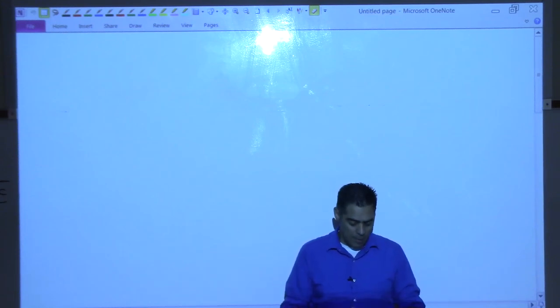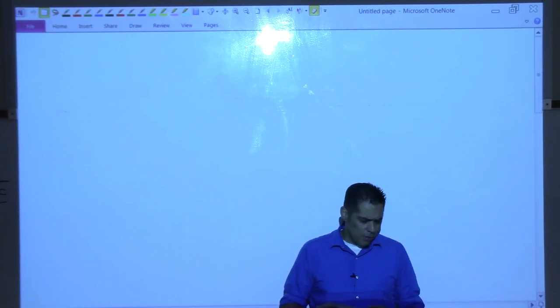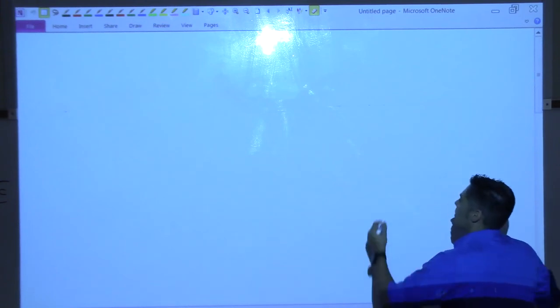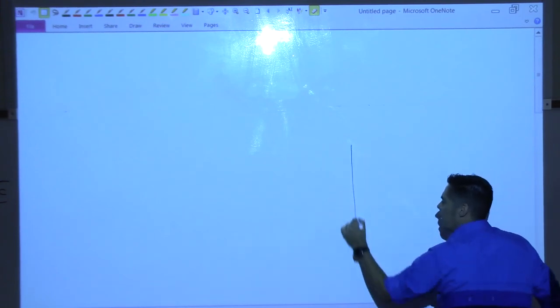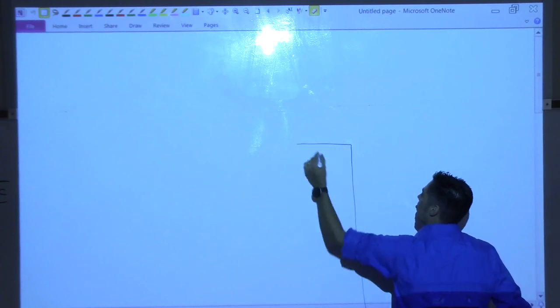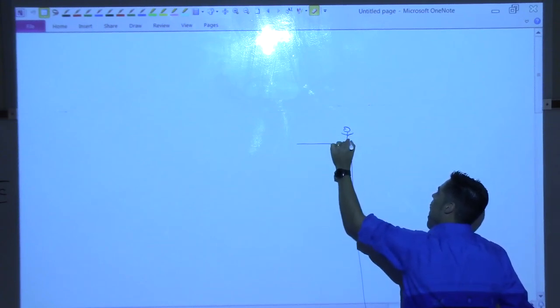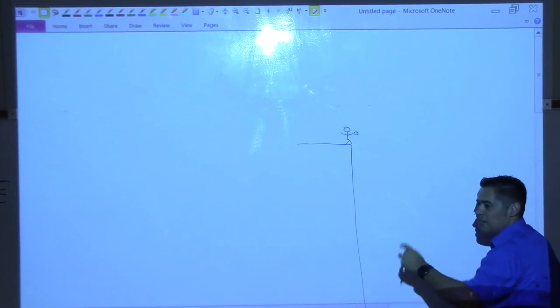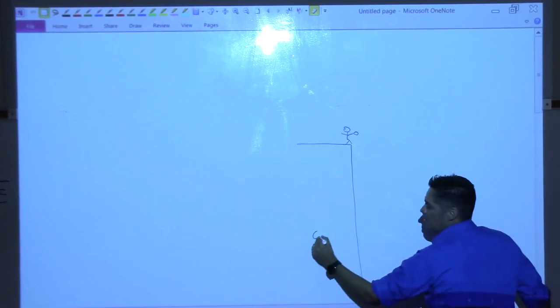So if it's true that everything falls at the same rate, let's take an example. Let's say I have this cliff, and this person standing on the cliff is going to drop a rock. Let's say it's a very tall cliff, like a 600-foot cliff.